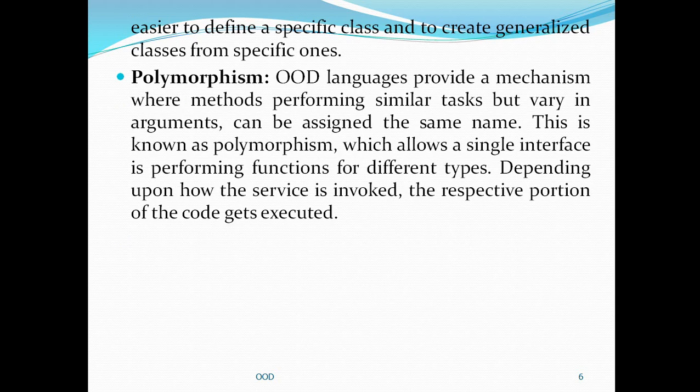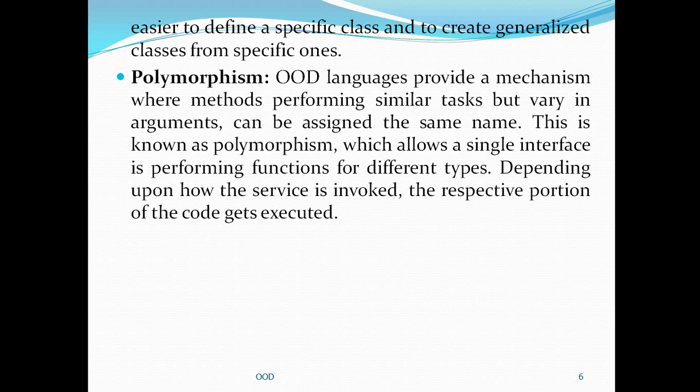A function that has the same name but performs different tasks is known as polymorphism. For example, operator overloading and function overloading. See the definition. Object oriented languages provide a mechanism where methods perform a similar task but vary in arguments. The different arguments can be assigned the same name.